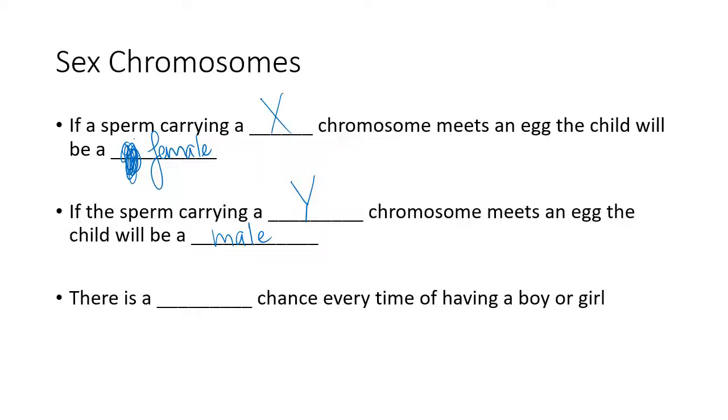And there is a 50% chance every time you have an offspring of having a boy or a girl. So you get a 50% chance of having a boy or girl, and it is the sperm that determines that, because everybody gets an X.